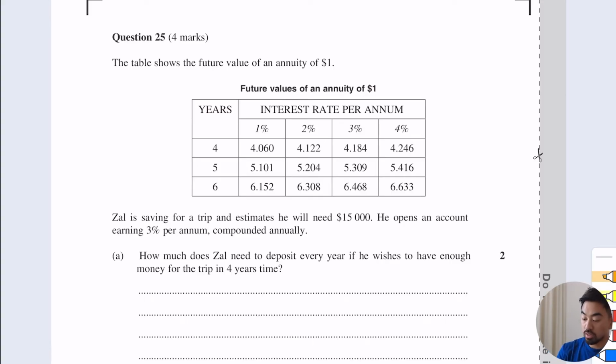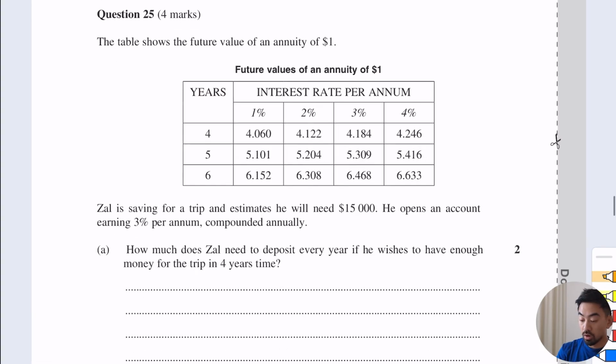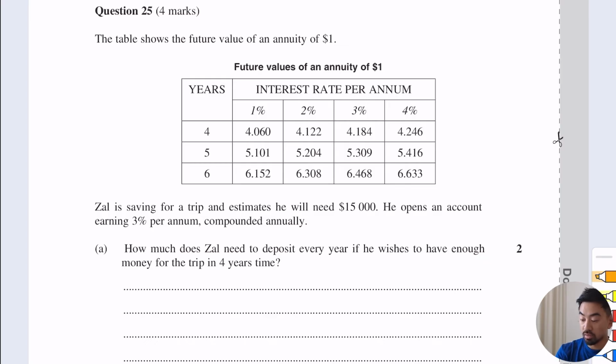Okay, so this question is pretty straightforward because not only have they given us the table, but it's also compounding annually and the percent is per annum, so there's no conversion. Now, he's doing this for 4 years, so 3% for 4 years is going to give me an interest factor of 4.184. And I want to know how much he needs to deposit every year.